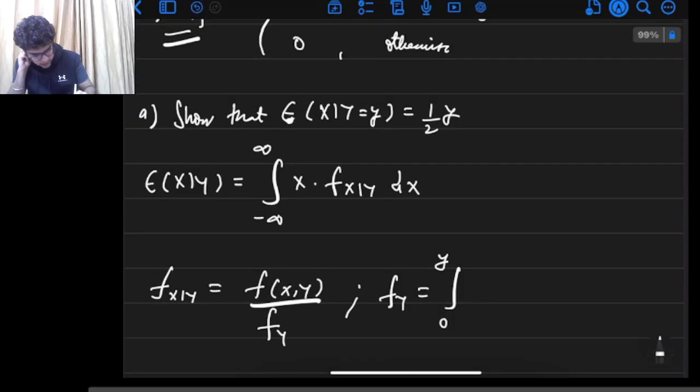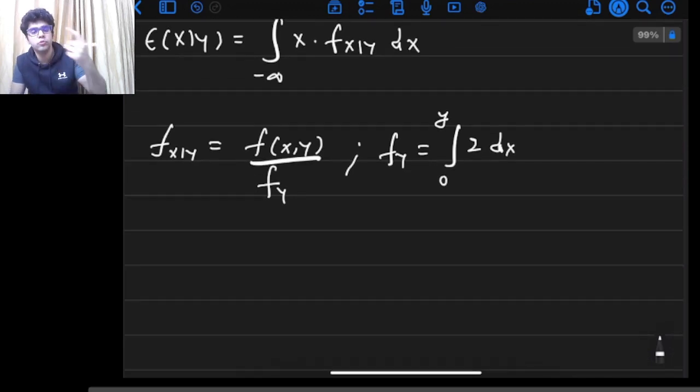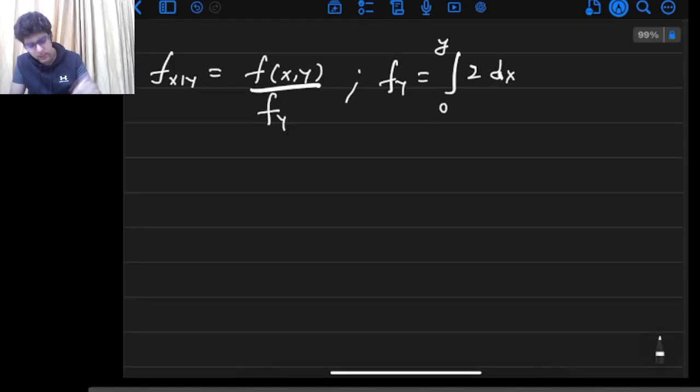So I have the integral from 0 to y of 2 dx, because this is the marginal distribution of y. That is why we integrate with respect to x.